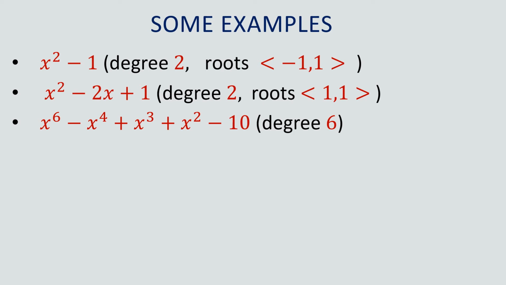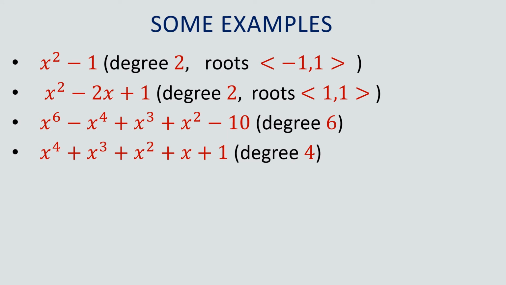This is a degree 6 polynomial. Then there's a degree 4 polynomial in which all of the coefficients are 1. So 1 times x to the power 4, 1 times x to the power 3, 1 times x squared, 1 times x, and the constant coefficient corresponding to x raised to the power 0, that is also 1. That's the degree 4 polynomial.